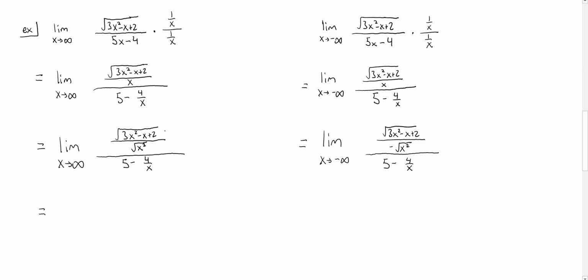Next, I'm going to combine both of these into one square root. So we can write it all as the square root of 3x squared minus x plus 2 over x squared. Still just have 5 minus 4 over x in the denominator.